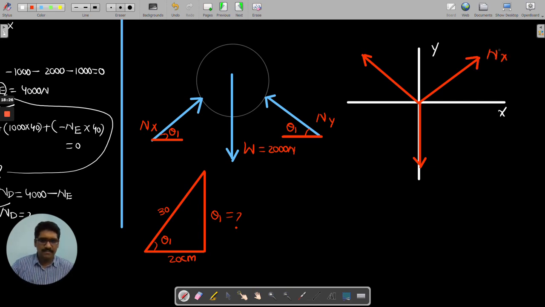Nx, Nx it is, Ny it is. This becomes what? W. Okay, so this will become again theta 1, and this has to be again theta 1. That's it all. Theta 1 you can bring out from here. Very simple. I am applying the equations of equilibrium, that is summation of Fx is equal to 0.